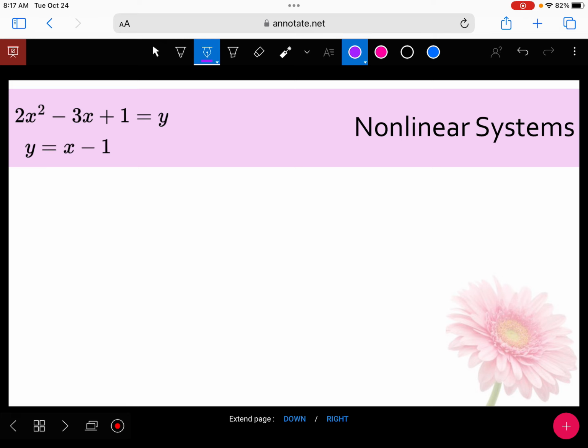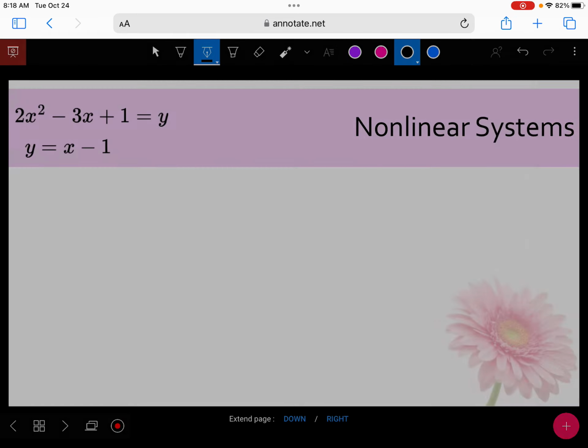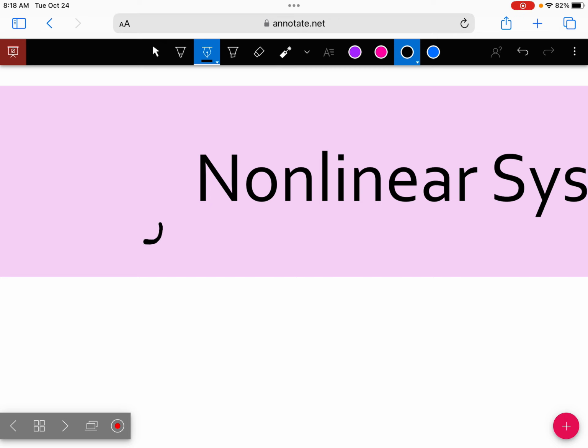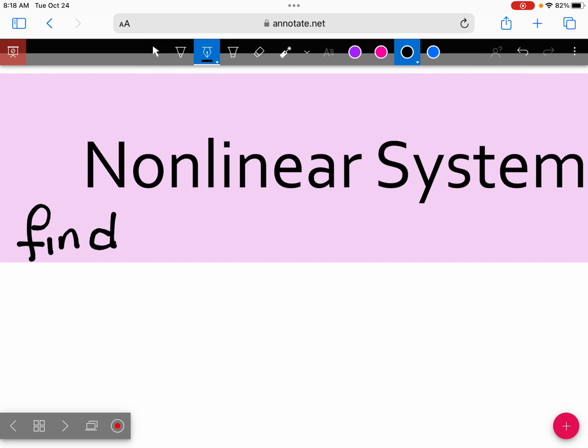So now I have a line and I have a quadratic. And we're going to find out where they cross. It's the same thing. So we're looking for the point where these two equations cross. So the whole goal of a nonlinear system is to find the point or points.